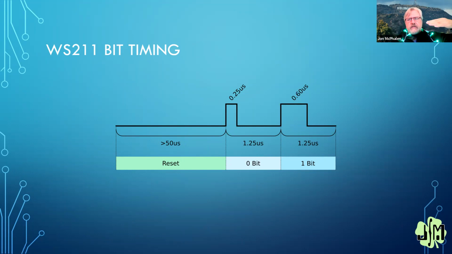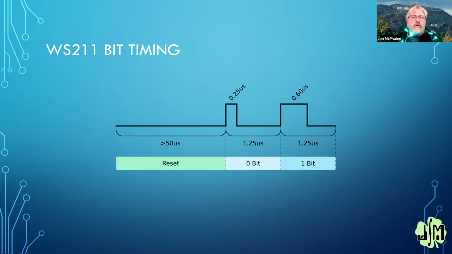So you send out the data from the controller and the first pixel in the string gets 24 bits. Once it has 24 bits, it flips a switch and it reroutes its input pin to its output pin. So the next 24 bits go to the second LED and so forth and so on. This is how the addressing works. It's automatic based on a switch internally.